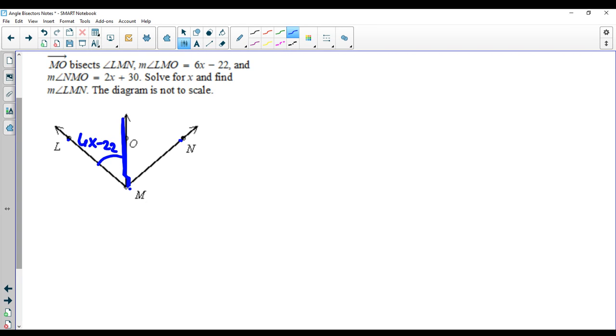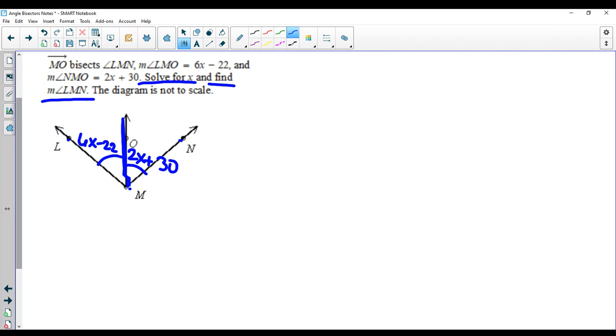And NMO, the other small piece, is 2x plus 30. Okay? Solve for x, and find the measure of angle LMN.